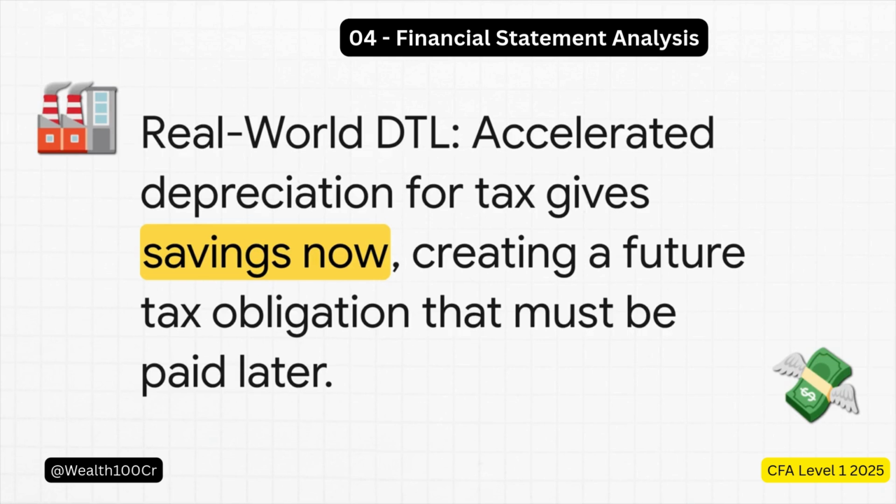That future IOU to the tax man, that's a deferred tax liability, a DTL, sitting right there on their balance sheet. And it's the exact same story in India. A company like Mahindra & Mahindra building a new auto plant will use similar tax incentives to get those upfront deductions, creating a DTL in the process.